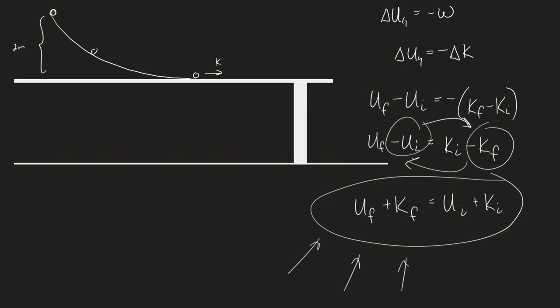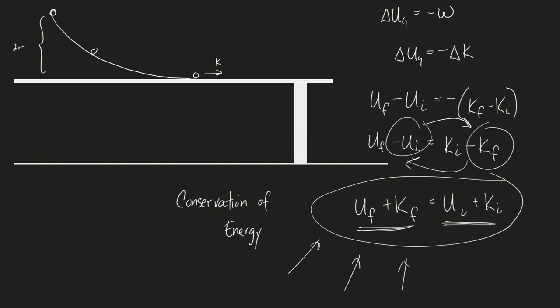If there's no work done outside your system, the energy before an event occurs is equal to the energy after an event occurs. This is called conservation of energy. I'm going to say it another time.